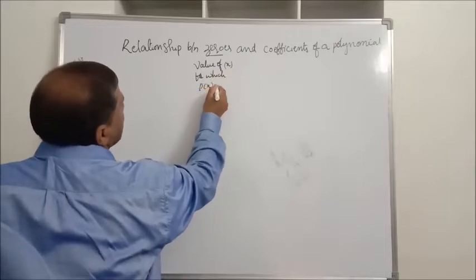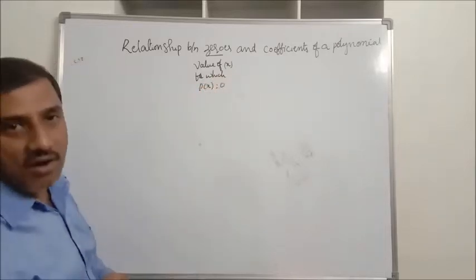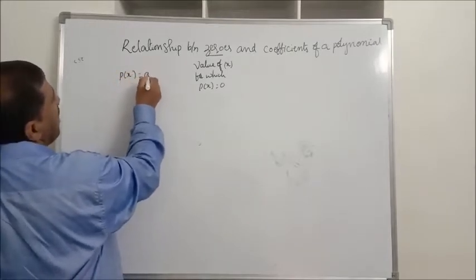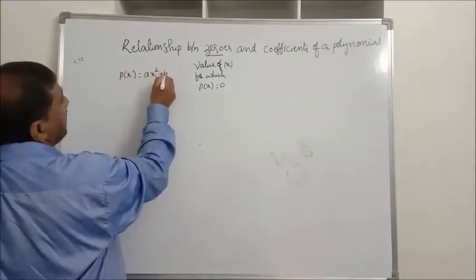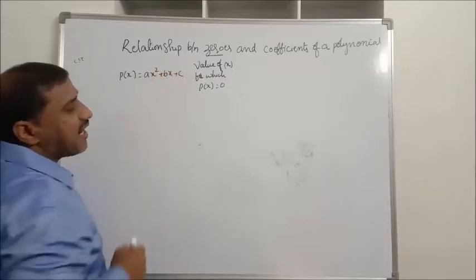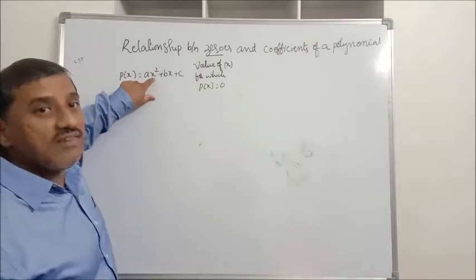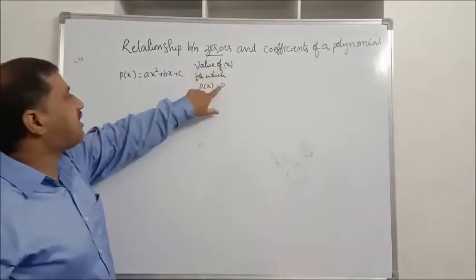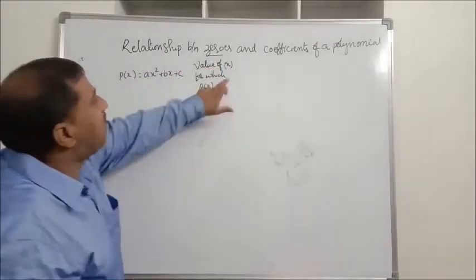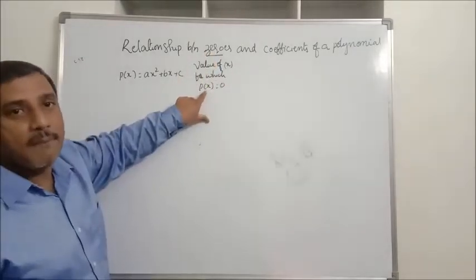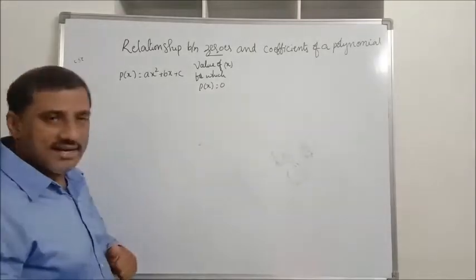Let p of x be equal to ax square plus bx plus c. It is a quadratic polynomial. Here x is the variable. The value of x for which p of x is 0 is known as a zero of the polynomial p of x.